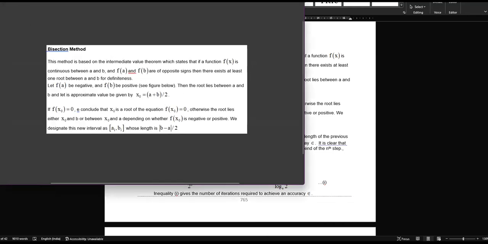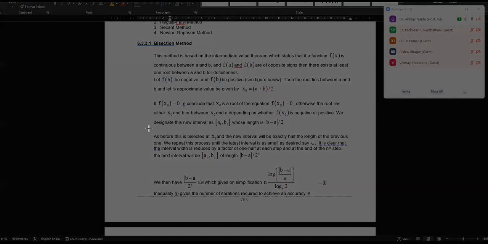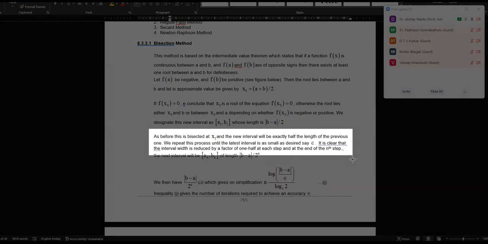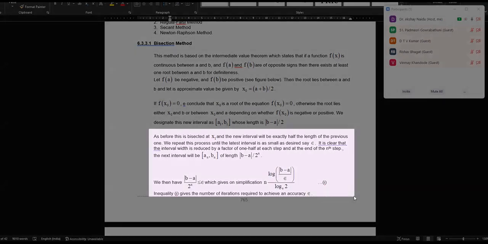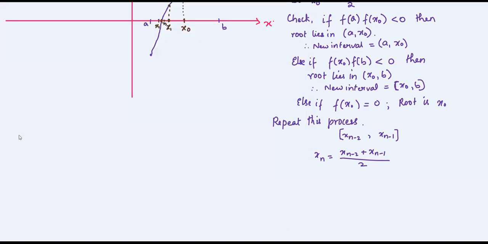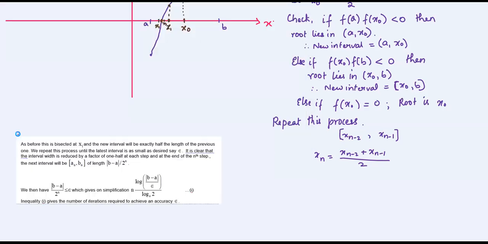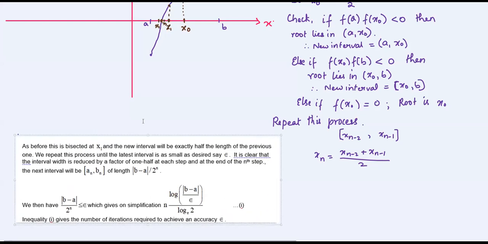There's an important consideration here. Now, as before, this is bisected at x1 and the new interval will be exactly half the length of the previous one. We repeat this process until the latest interval is as small as desired, say epsilon.